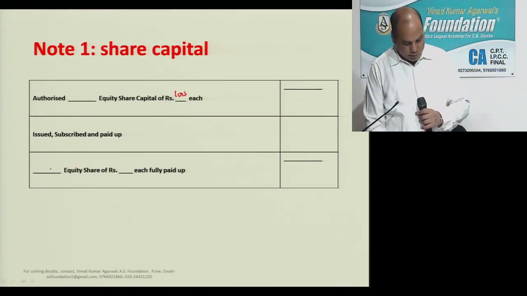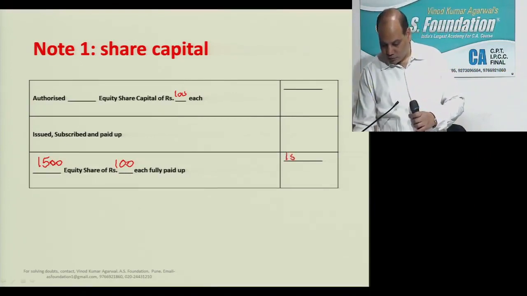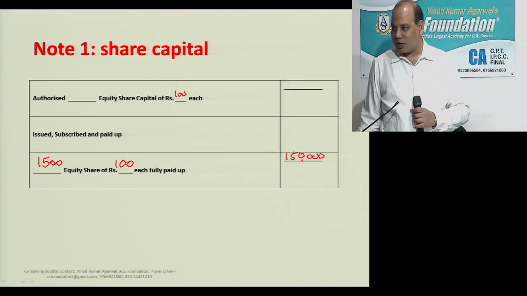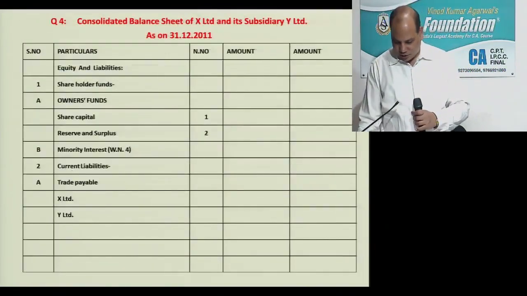Issued, subscribed and paid up. Can I write 1500 equity shares of rupees 100 each, fully paid, amount 1,50,000? Is it 1,50,000? Where will you transfer? Balance sheet, liability side, first column, share capital.